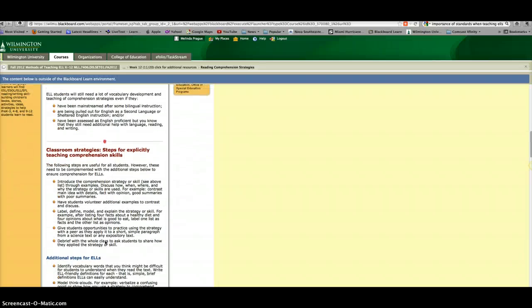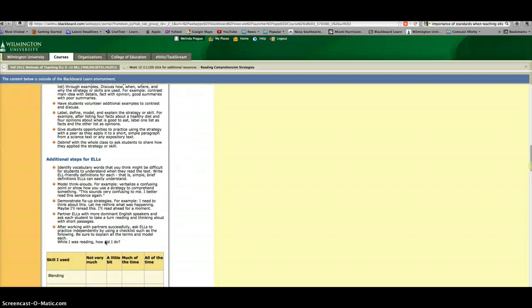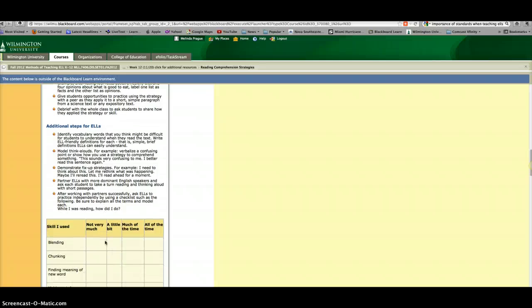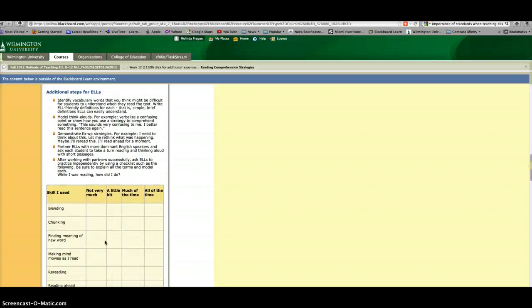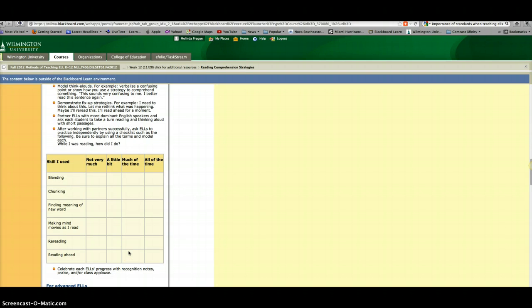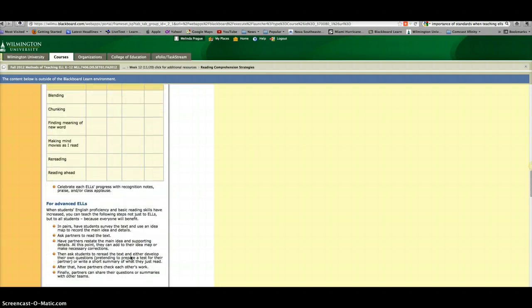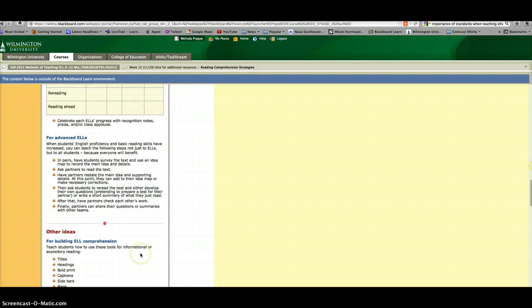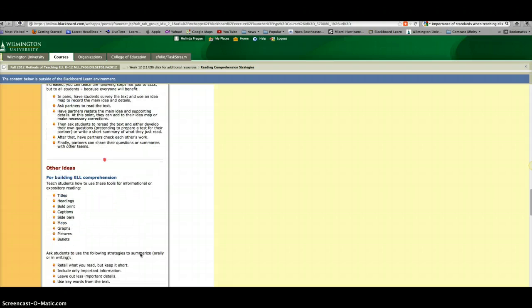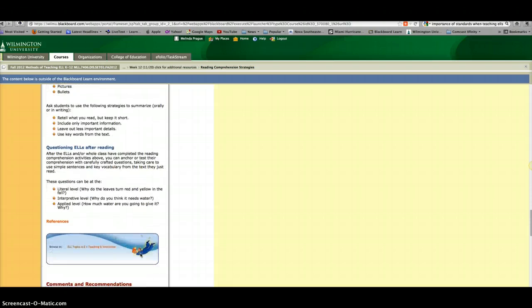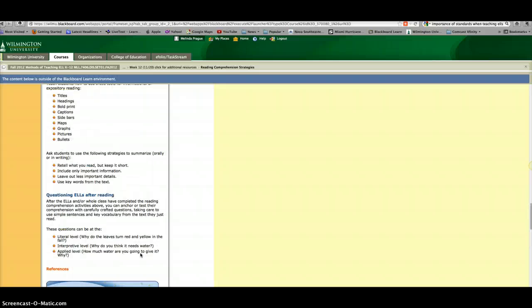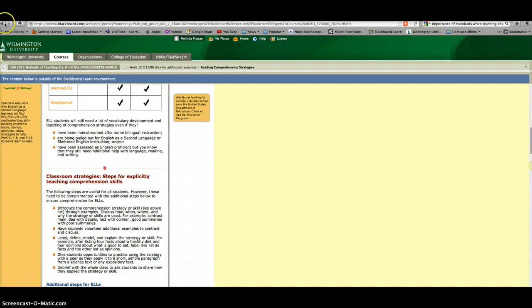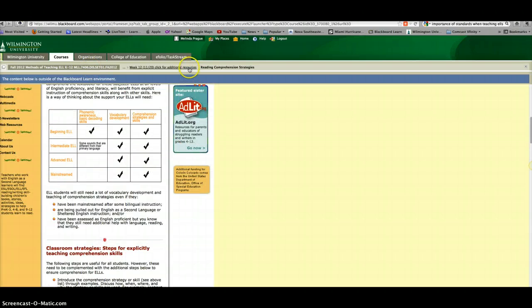It goes on to give additional strategies and additional steps that you perhaps should use with an ELL, with a nice little chart that maybe you could reproduce for your students who are at this level, and they can be checking off what they are doing. And then some examples for advanced ELLs and working with them, additional ideas for building comprehension and questions to ask. I think that's an excellent resource and one that you should definitely spend some time with.